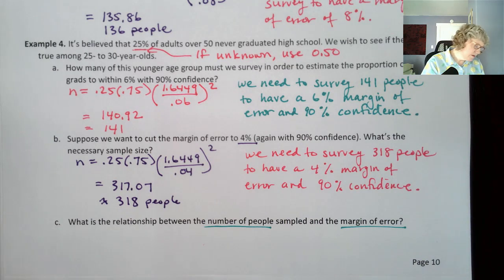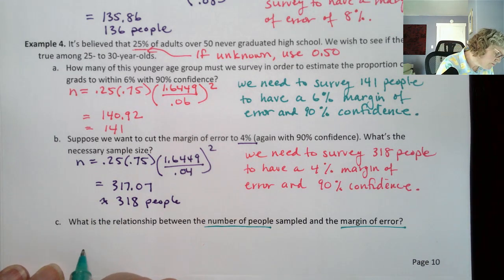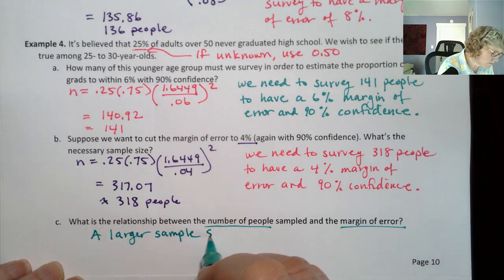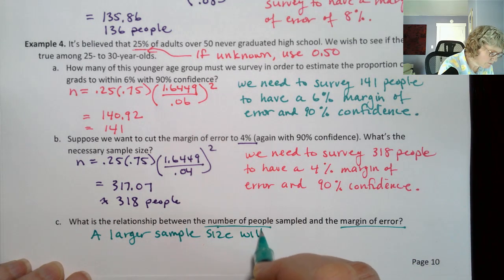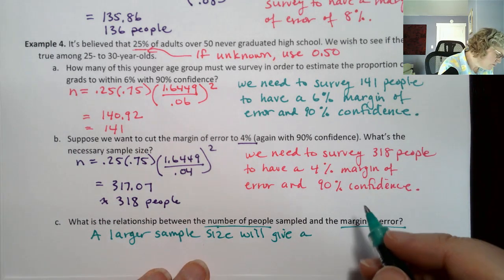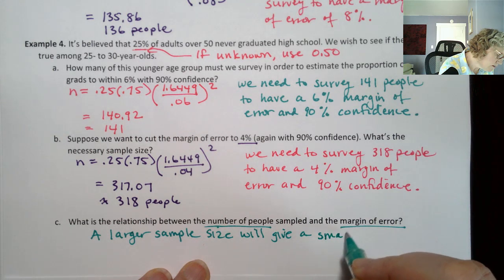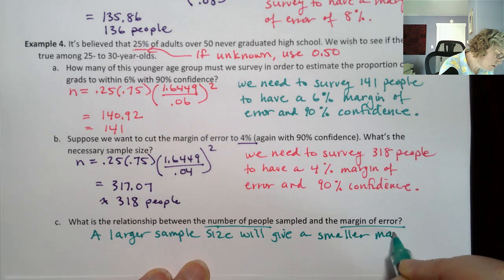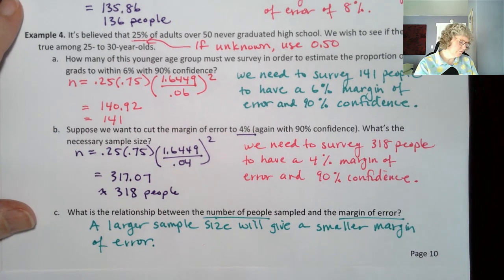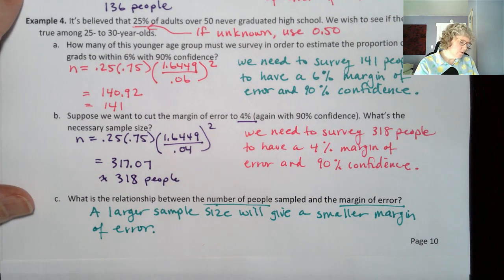Okay, so we could say a larger sample size will give a smaller margin of error. Okay. So they're opposites.